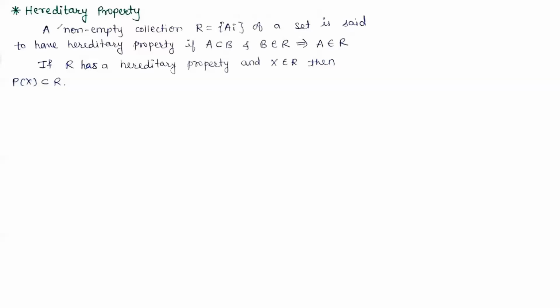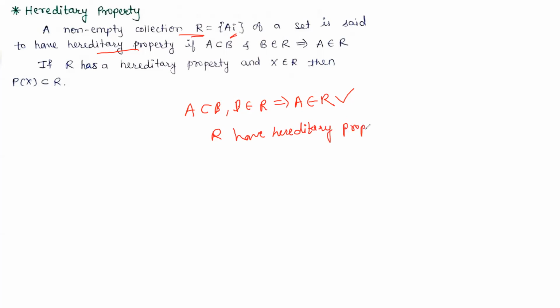Now next is the definition of hereditary property. Let R be a non-empty collection of sets A_i which are subsets of X. It is said to have hereditary property if A is a subset of B and B belongs to R implies A belongs to R. If this condition is satisfied, then we say that R has hereditary property.